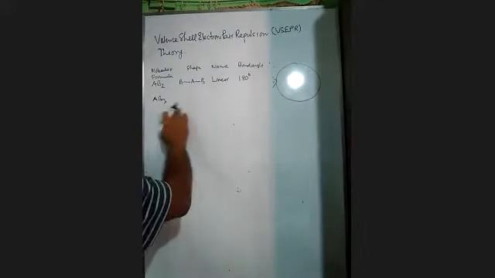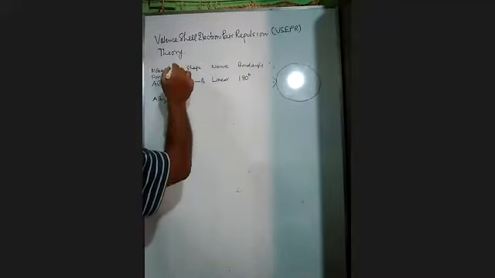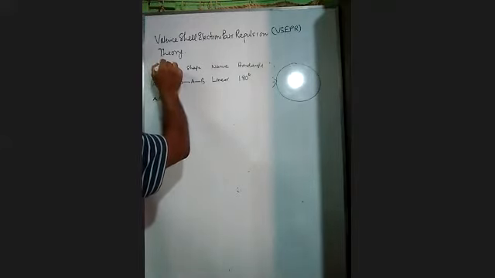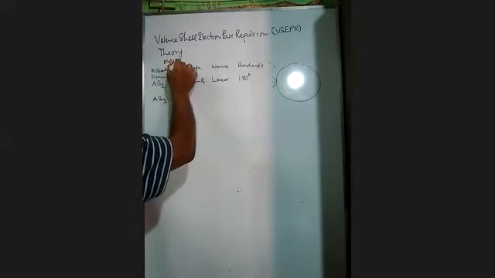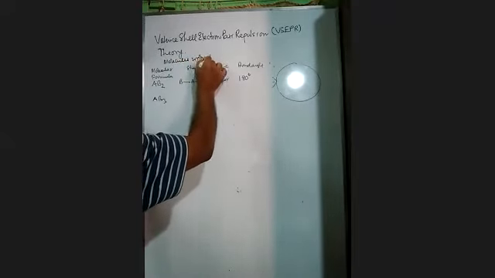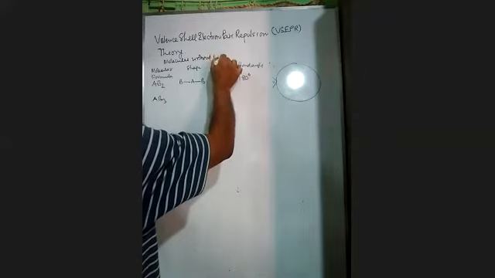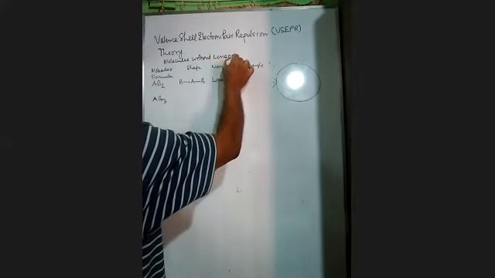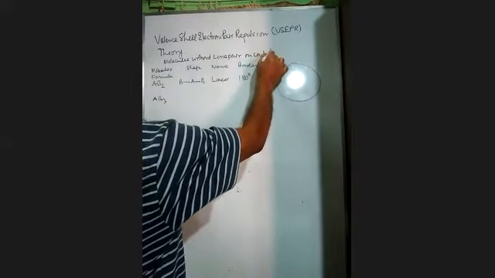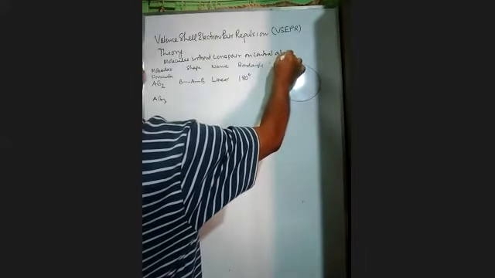Then AB3. Here we did not consider any lone pair. These are molecules without lone pair on the central atom.